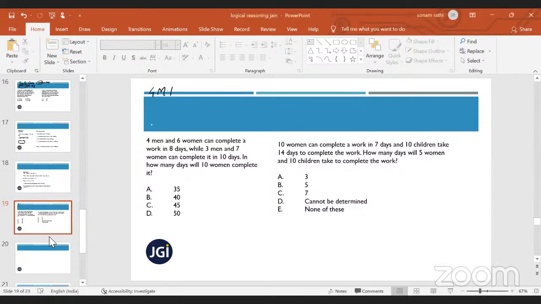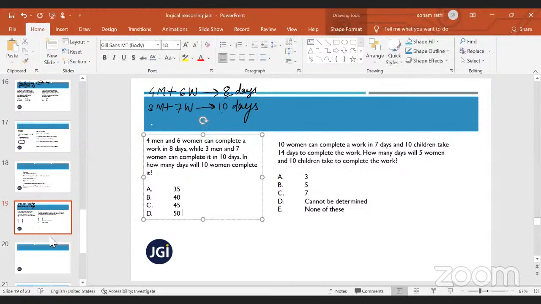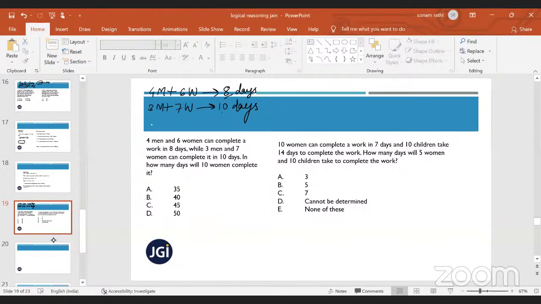Four men plus 6 women is 8 days. Second one, 3 men plus 7 women is 10 days. I told you, in order to equate it, we need to make it one day. So divide this one by 8, and this one by 10. On the left hand side, the opposite thing will happen.